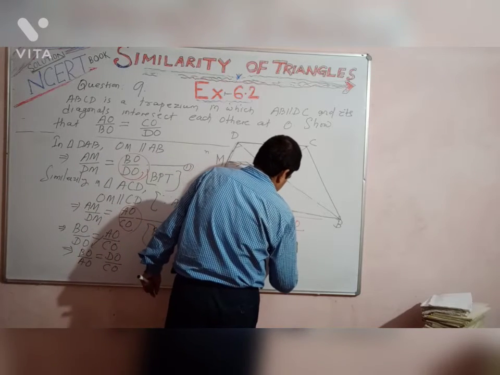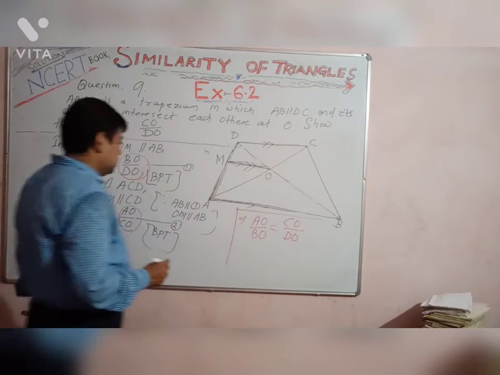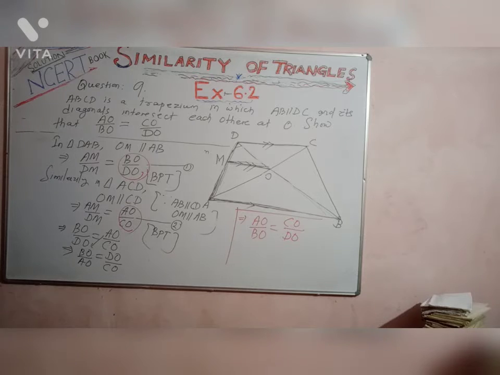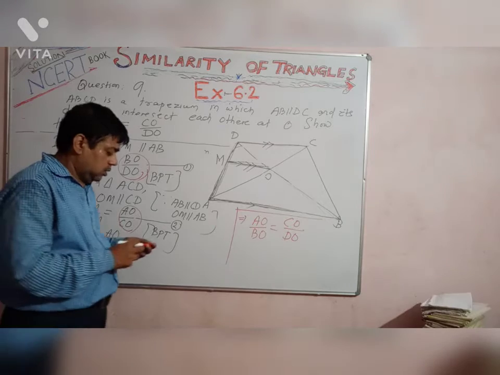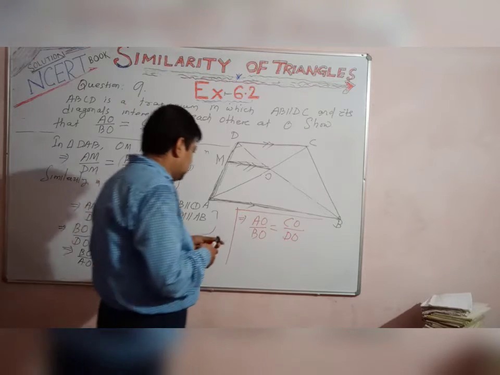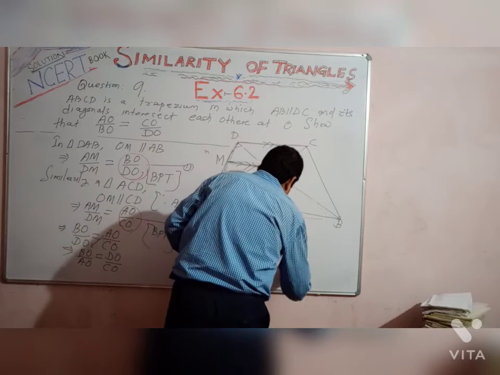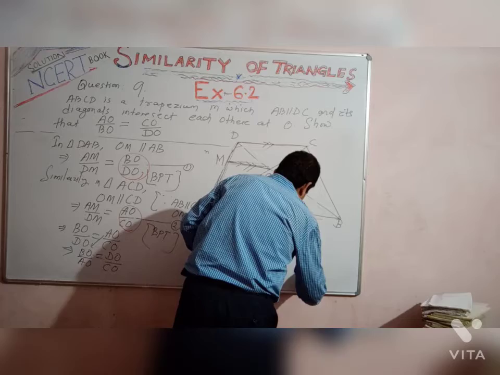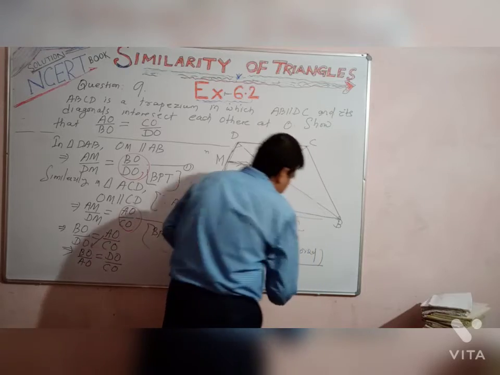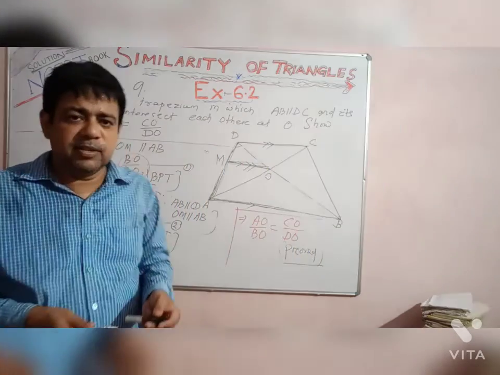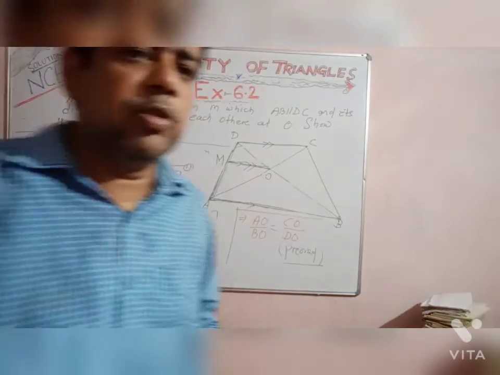After reciprocal, here we are getting AO upon BO is equal to CO upon DO. This is what you have to prove, and it is another simple problem for you. Here you can easily apply the BPT theorem. Using that we are going to prove it.